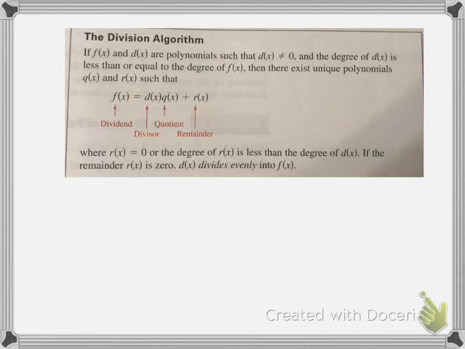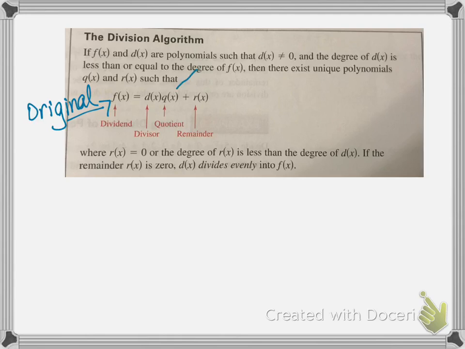Now, the division algorithm, and we talked a little bit about that, tells me this right here is what I started with. Okay, this is my original. That's my original right there.